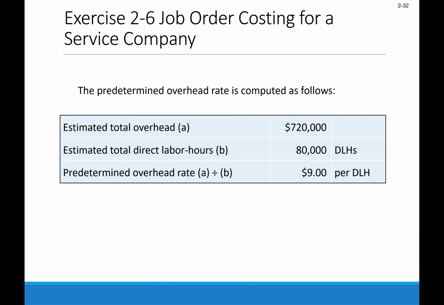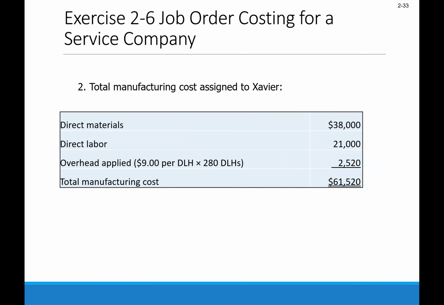We divide that by our estimated direct labor hours to come up with $9. It's the predetermined overhead rate. Does that make sense, guys? I want you to catch that because that's just the beginning of determining how we calculate this.